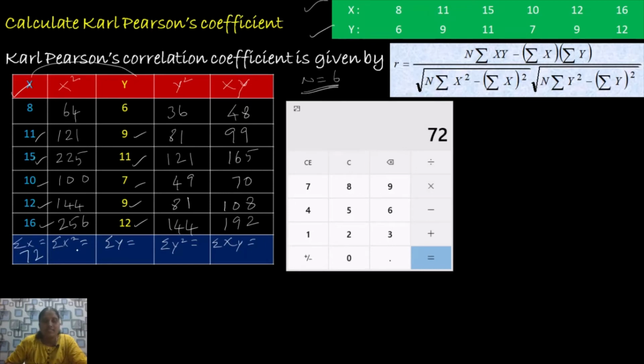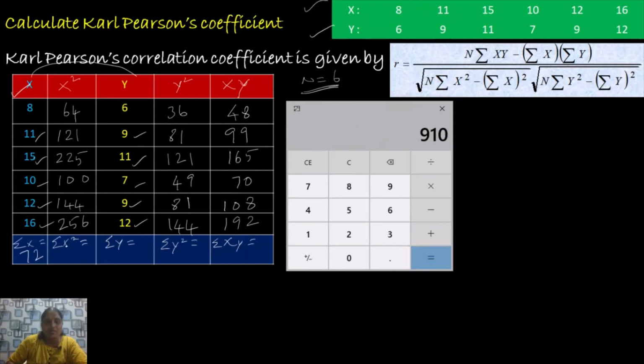And sigma x square next, 64 plus 121 plus 225 plus 100 plus 144 plus 256 equals 910.